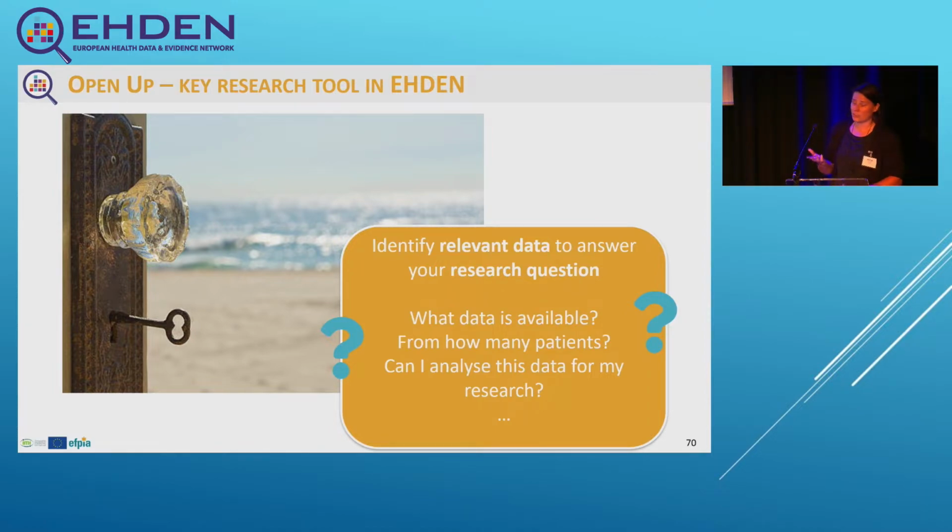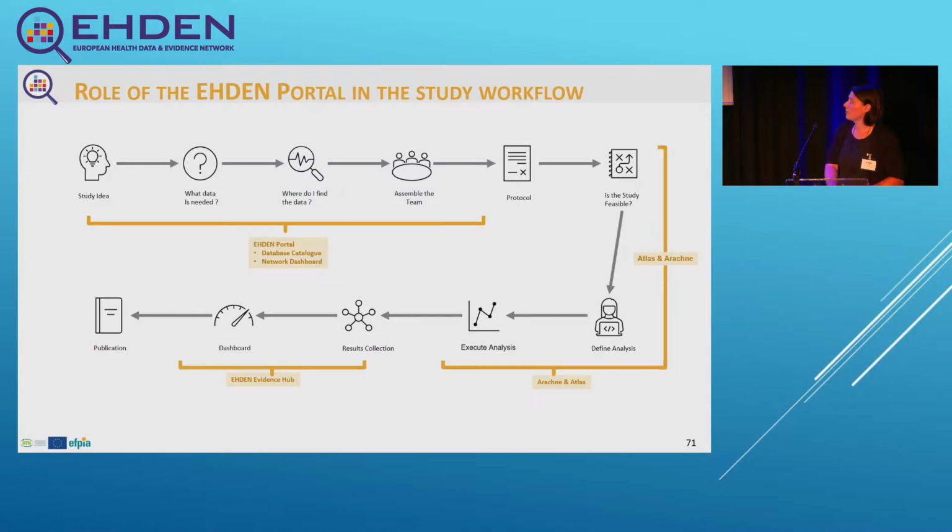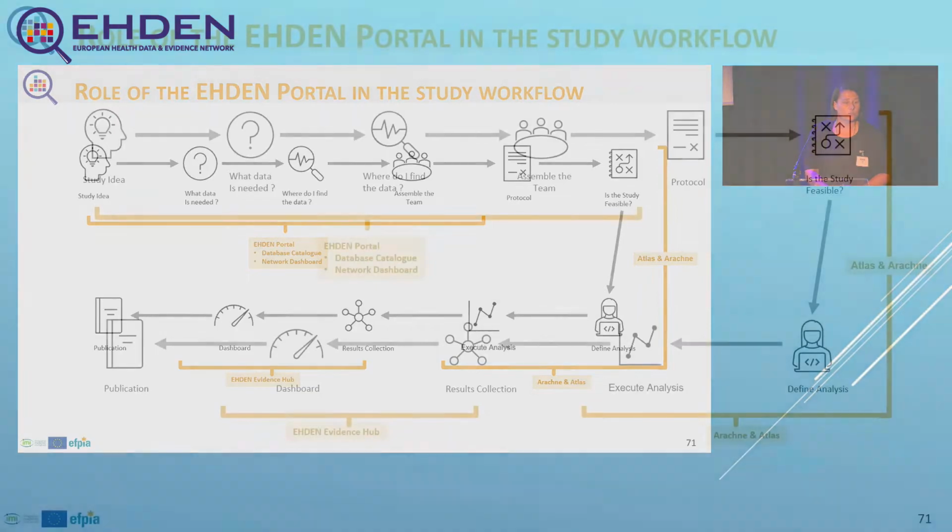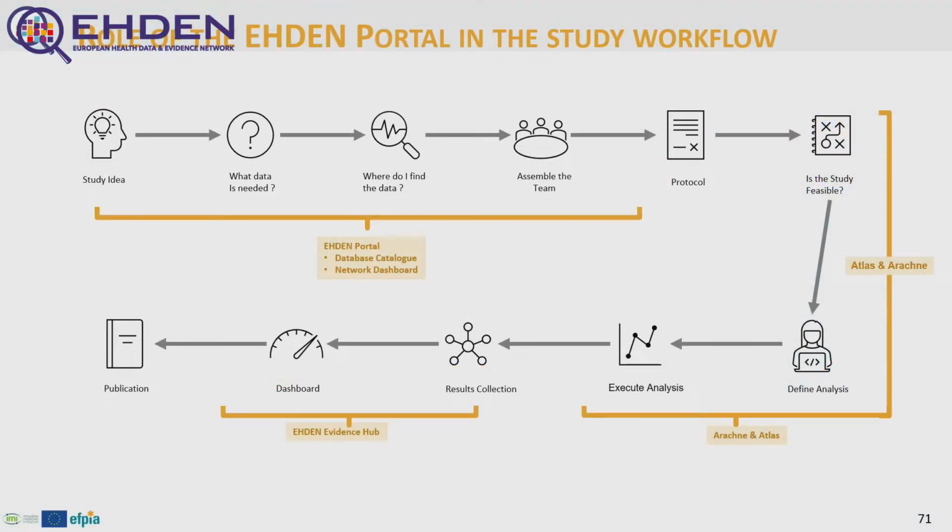For example, you want to understand what data is available at all the different data sites, for which concepts, how many patients, and how can I get access to the data so that we can collaborate and analyze the data. Because as you know, collaboration and building that network of data partners and the whole ecosystem is one of the core pillars that we're driving for in EHDEN.